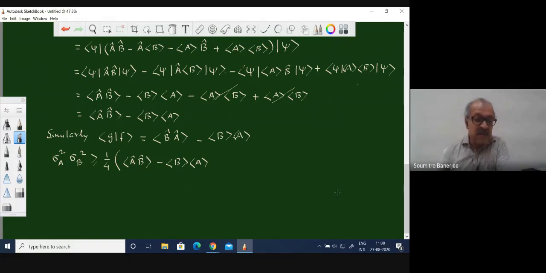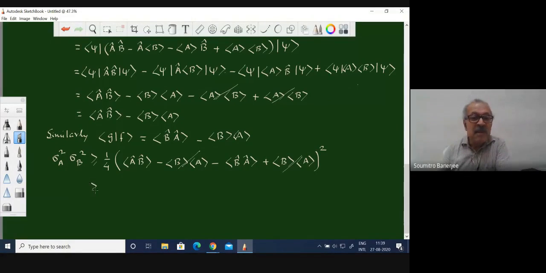It was a b minus b a plus this. Oh, there was a square. And I can see that this cancels off. So it becomes even smaller.